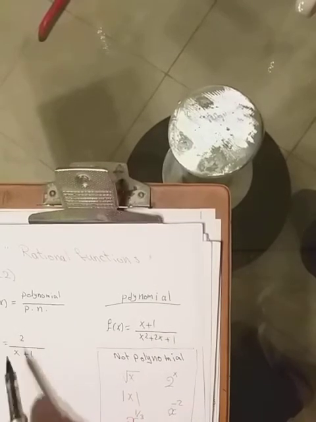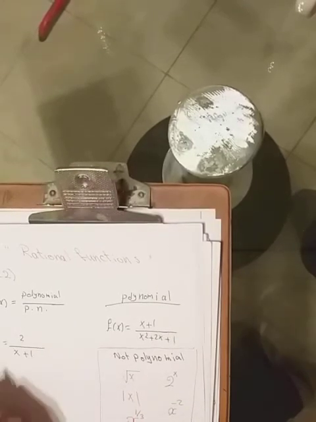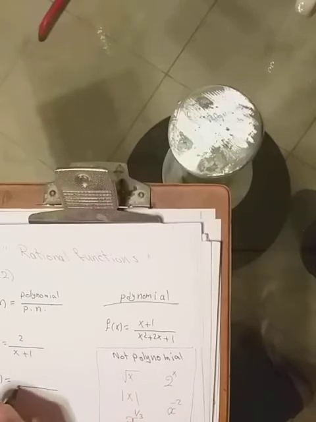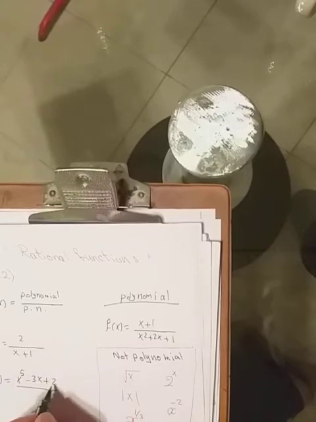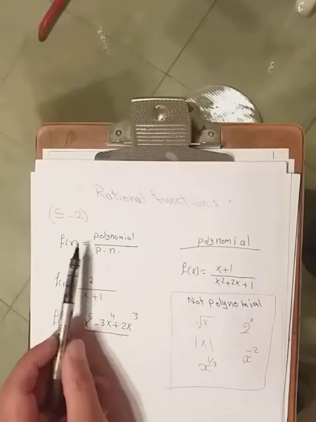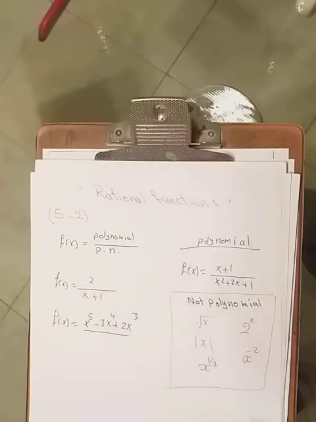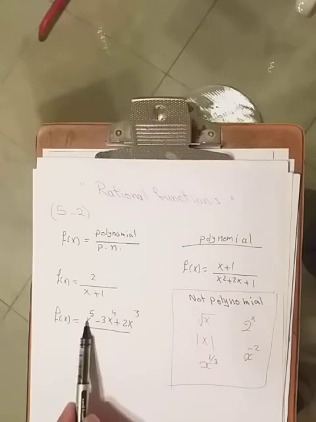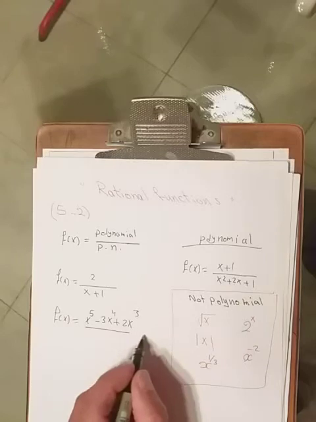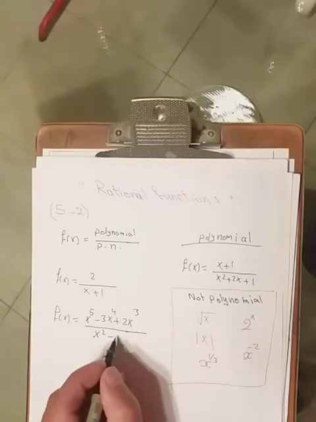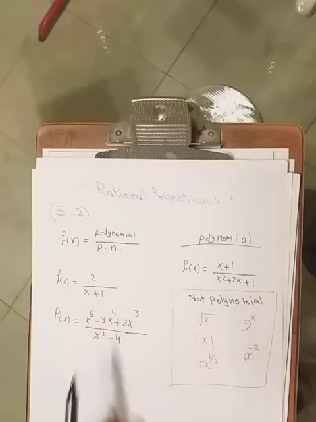This is a polynomial, and this is also a polynomial. Also f of x equals x to the power 5 minus 3x plus 2 over x squared minus 4. All of them are rational functions.